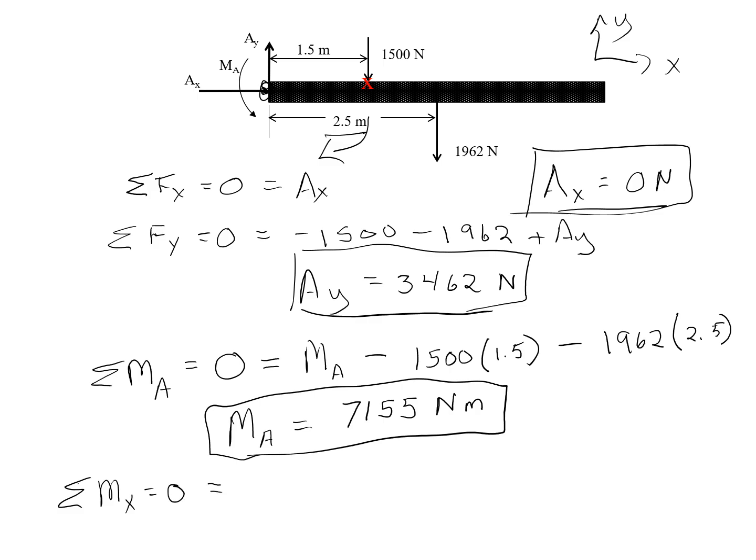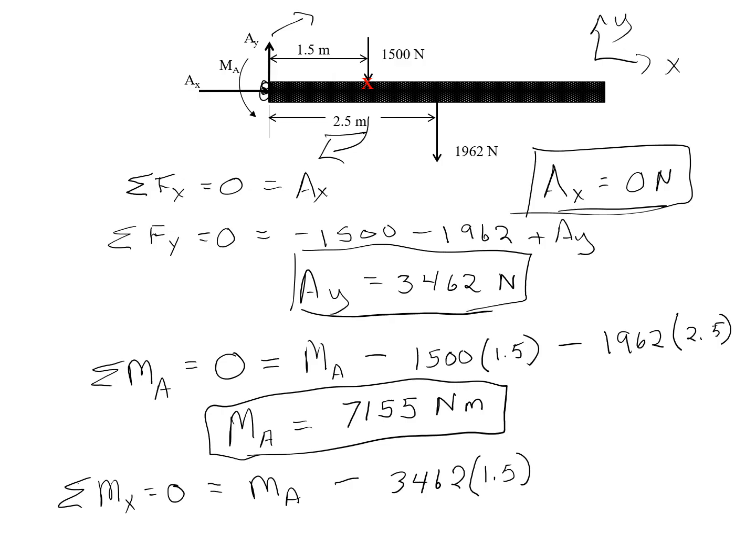And in that case, I still have MA, still positive, but now AY creates a moment, so that would be AY, which I know is 3,462 newtons. And its distance to point X is 1.5. It is pulling up, so it's tending to rotate clockwise, so this will be negative.